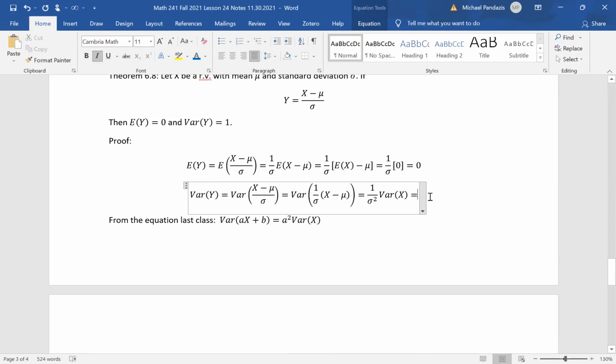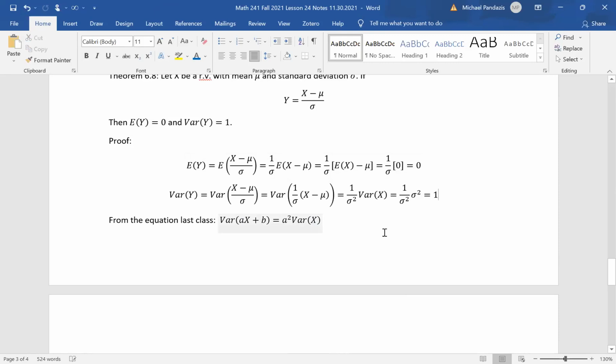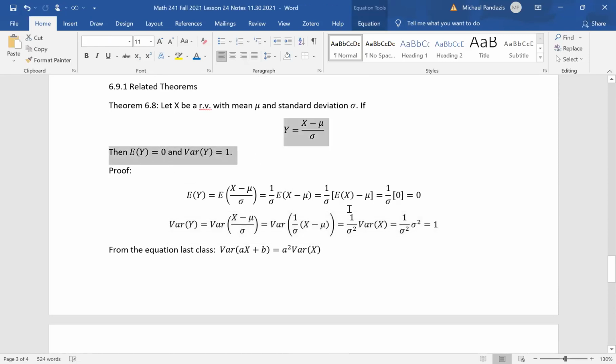So you just have the variance of x. But the variance of x is sigma squared. So this is the same as 1 over sigma squared times sigma squared. That's equal to 1. And so the variance of y is 1, and the expected value of y is 0. And so that proves this theorem.